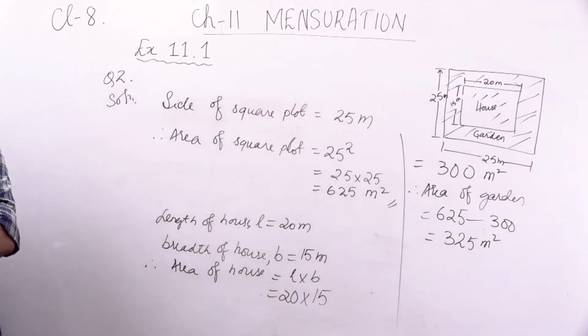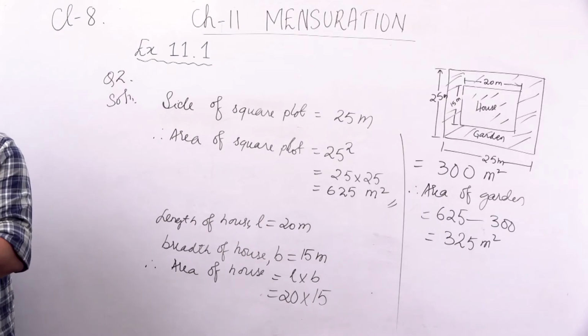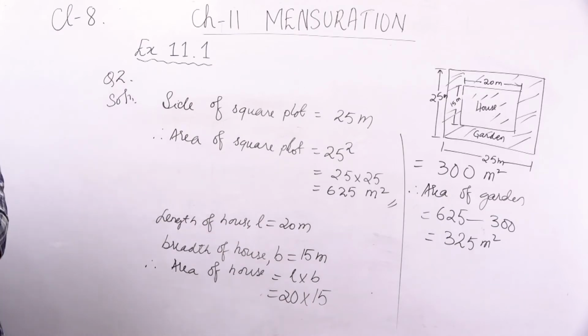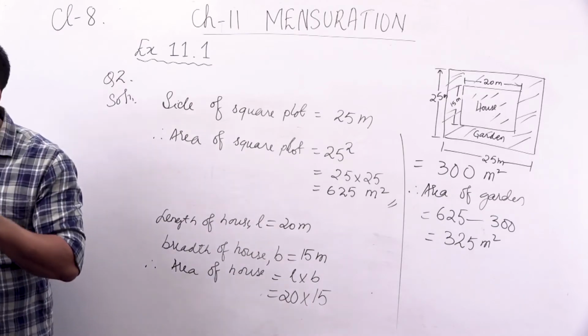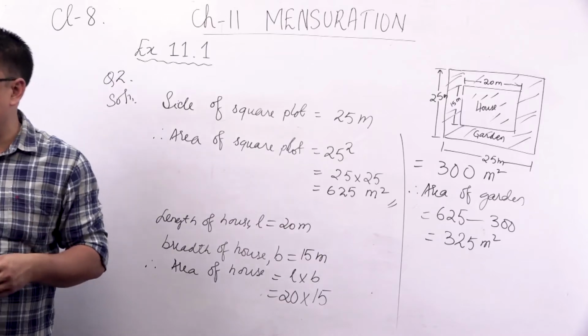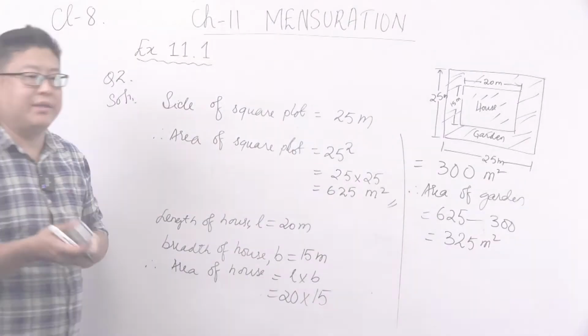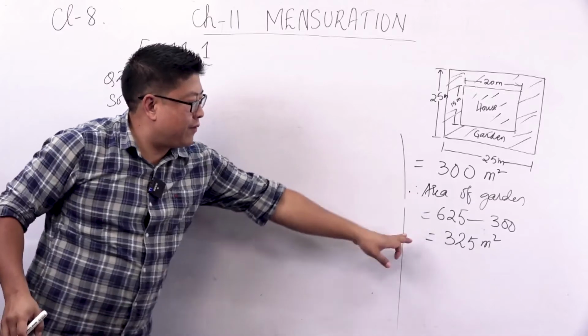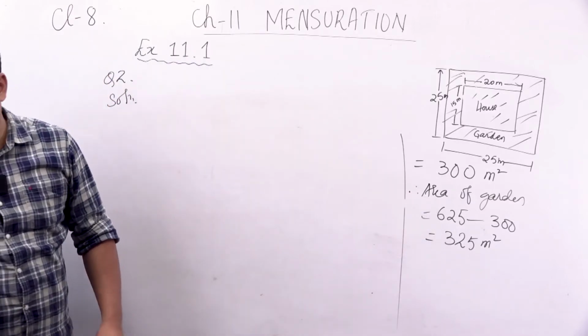The second part, they are asking us: Find the total cost of developing a garden around the house at the rate of rupees 55 per meter square. So we have got area of garden as 325.